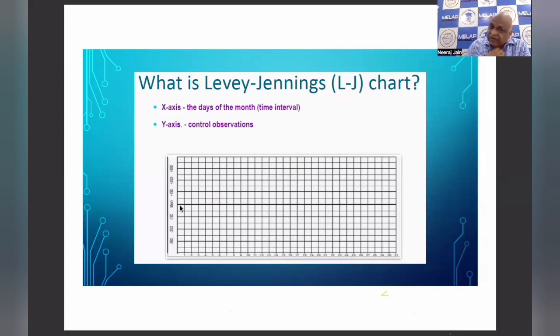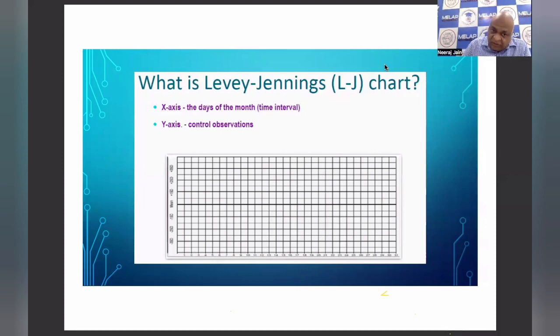On the vertical line, suppose mean value for glucose is 100 and standard deviation 2. At the point of intersection, you will write mean, 100.